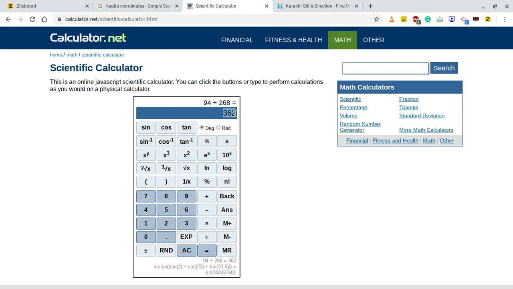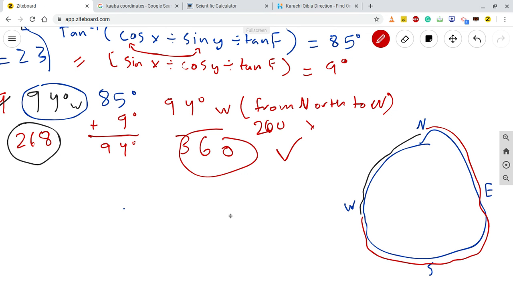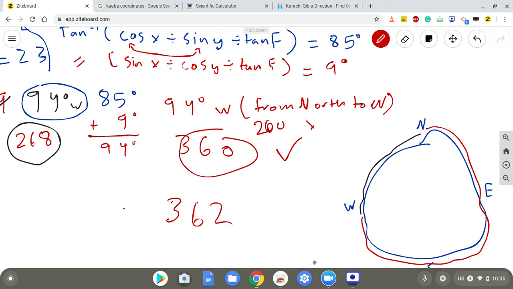So we are correct. I said 1 or 2 degrees doesn't matter. So both are correct. The answer was 362 degrees, which means we are correct, and Google says correct, and we are also correct. Okay? Thank you.